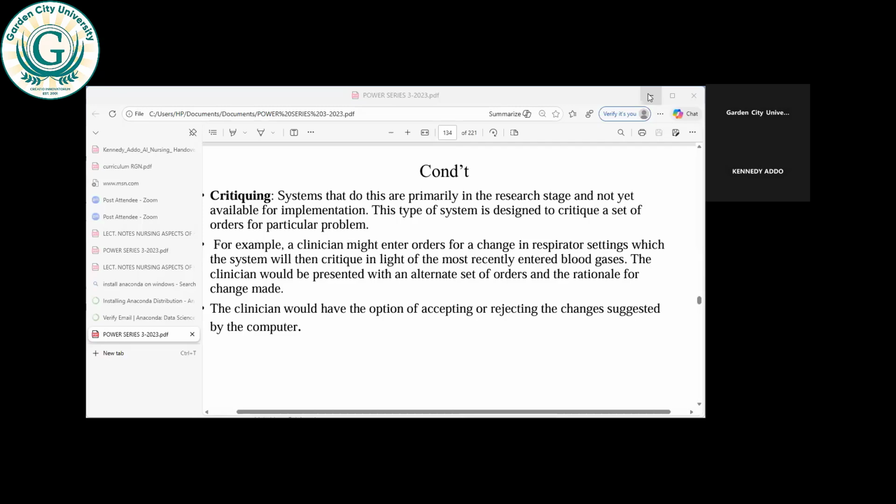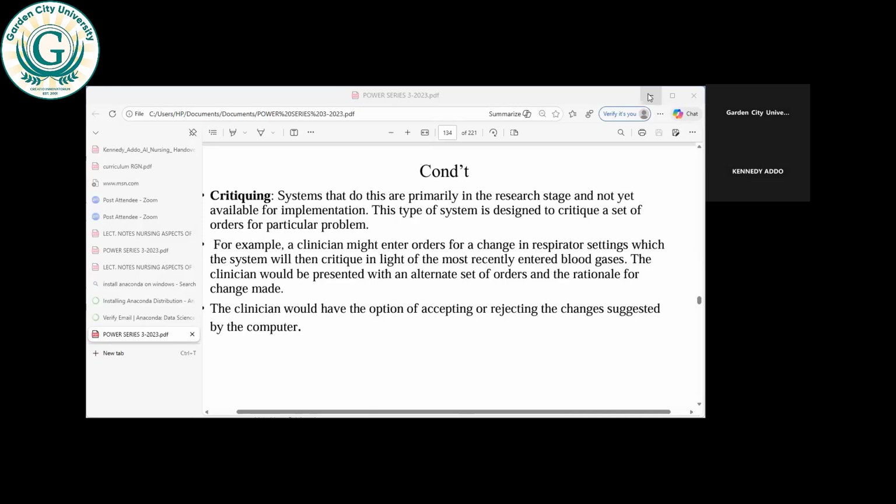And then another clear case of a critiquing system is that if a patient is prescribed medication S and has allergy Y, let's say Septrin, or those who are victims of G6PD deficiency, among others, then you can alert the nurse or midwife of a potential reaction, okay?